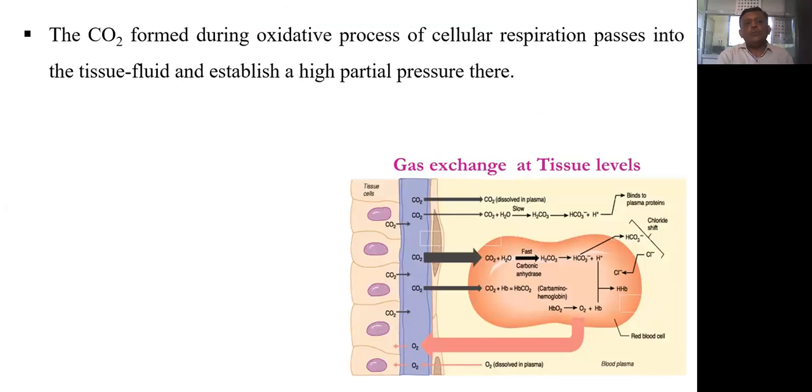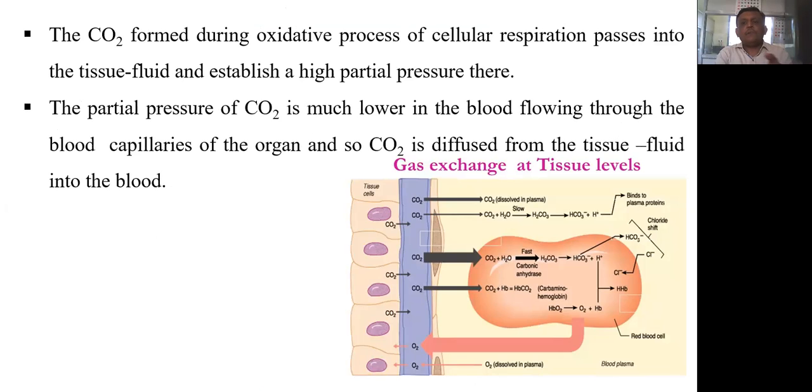The CO2 which is produced during the oxidative process of cellular respiration passes into the tissue fluid and establishes a high partial pressure of CO2 in the tissue. So here is the difference in concentration gradients.